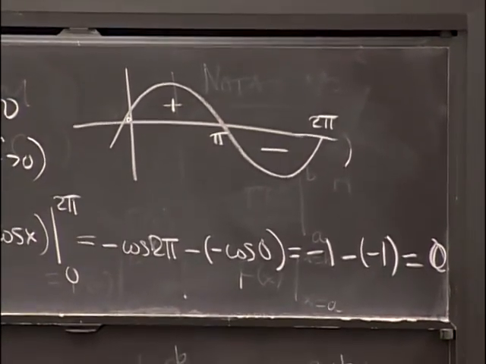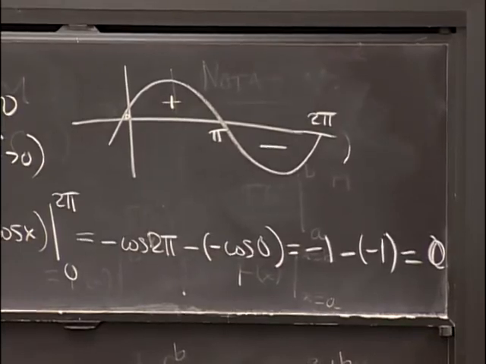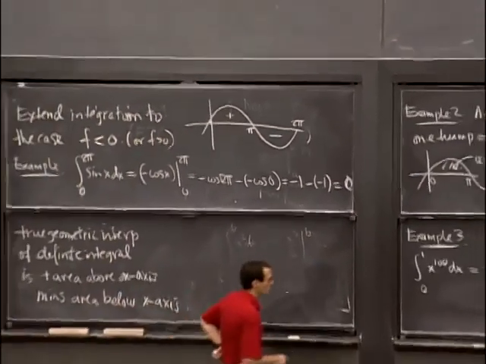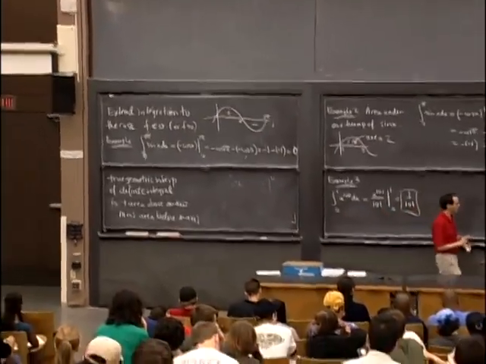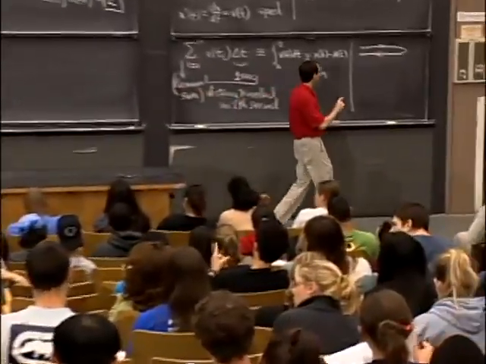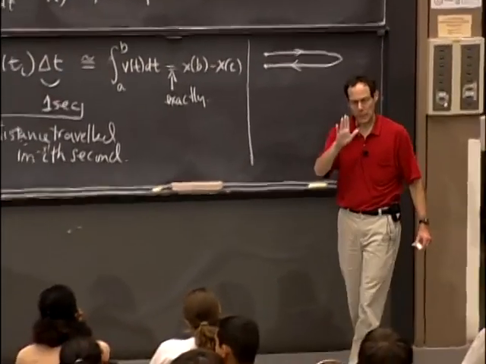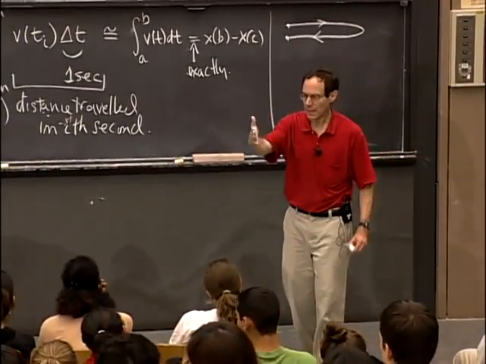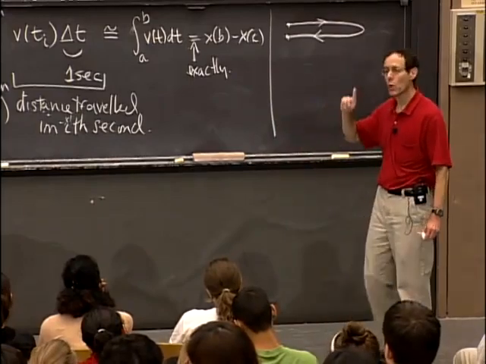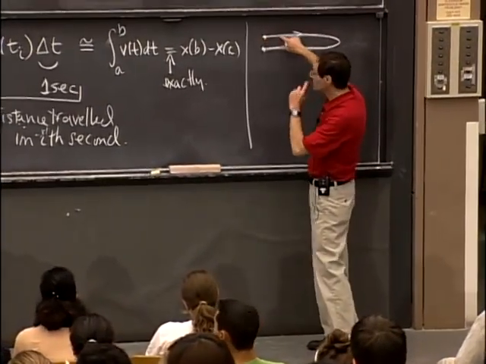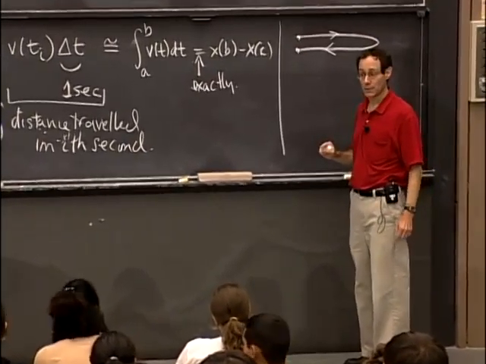Yeah? Just in terms of talking about distance, wouldn't distance be the absolute value of the velocity function to get distance? Right. So the question was, wouldn't the absolute value of the velocity function be involved? The answer is yes. One question you could ask is, what's the total distance traveled?